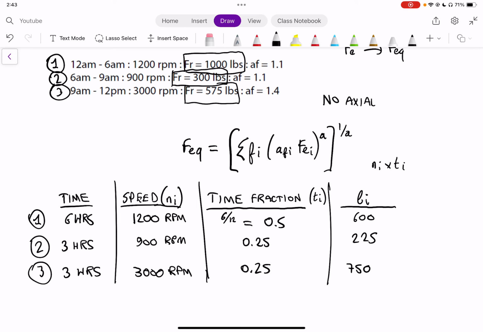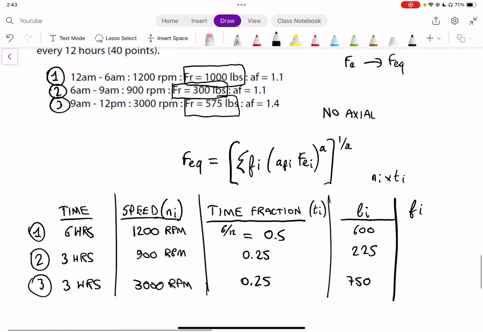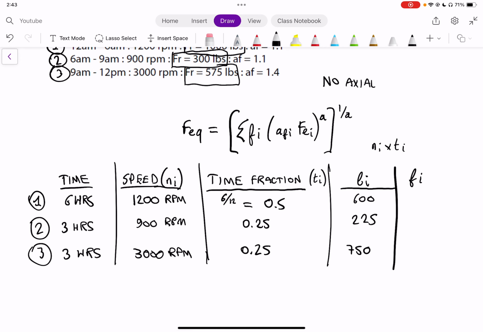Then the next term we can find is F sub i, which is the fraction of time and revolutions put together. If you think of L sub i as a number that determines how many revolutions are spent at 1, 2, and 3, F sub i is that fraction or percentage of revolutions spent.